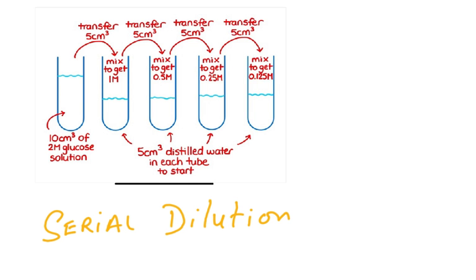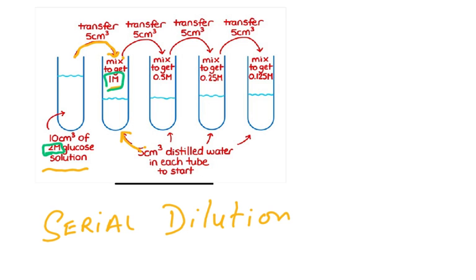Now you have to understand that there is a difference between serial dilution and proportional dilution. Serial dilution is when you have an original stock solution of 2% glucose. So now you've taken 5 cm out of this and you put it in here. Now you can see it here, I'm just going to color this. So 5 cm going into here, and then 5 cm distilled water is being added. Then 5 cm from here. So now this would be 1, from 2.